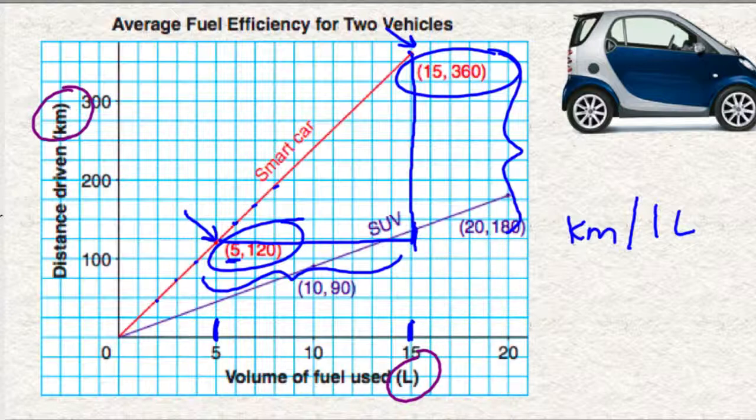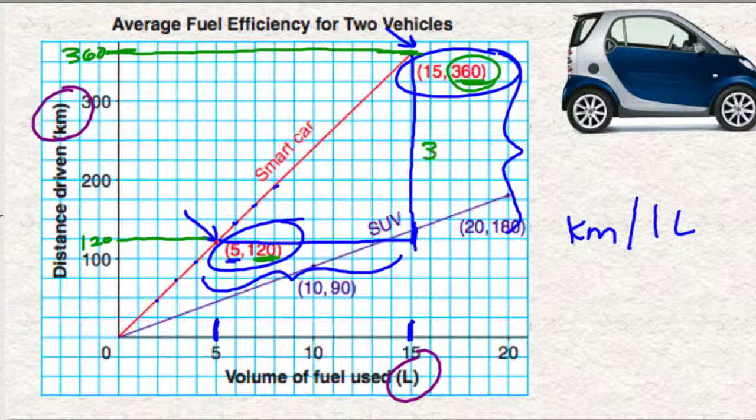So the rise, what I do know from my graph is that this is 360. I know it doesn't really show it over here, and we could kind of guess, but it tells me that's 360. That's 360 right there. And down low is 120. So if I follow that ordered pair across, that's 120. And I want to use the values that I'm given. So the difference between 360 and 120 is 240.